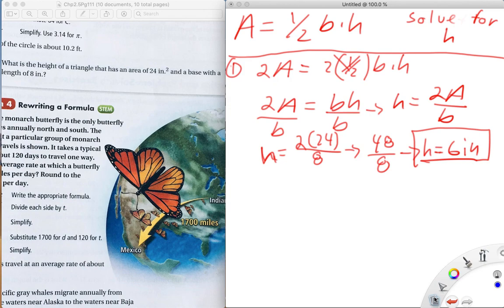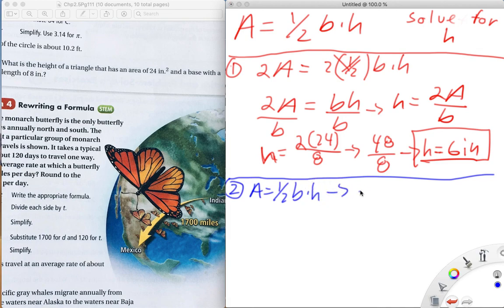You can manipulate your equation before you substitute, or you can substitute beforehand. So area equals 1/2 base times the height, which means 24 is equal to 1/2 times 8 times the height. We're solving for h.